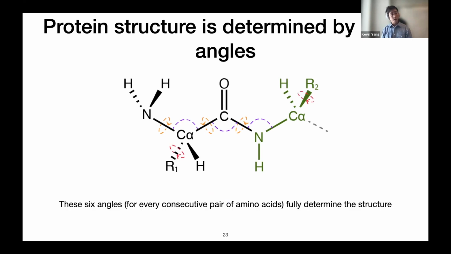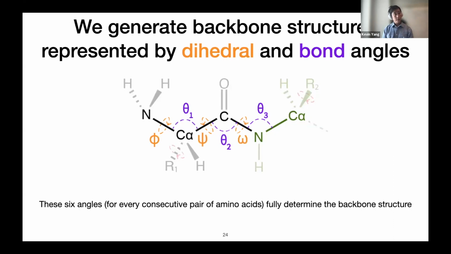You can also rotate the side chain, and some of the side chains, depending on how big they are, have further bond angles. But we're going to ignore the side chain for now. These six angles, if you do this for every consecutive pair of amino acids, you specify those, fully determine what we call the backbone structure, which is the structure without the side chain.